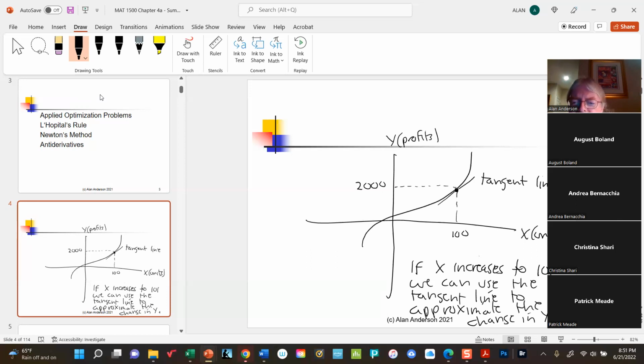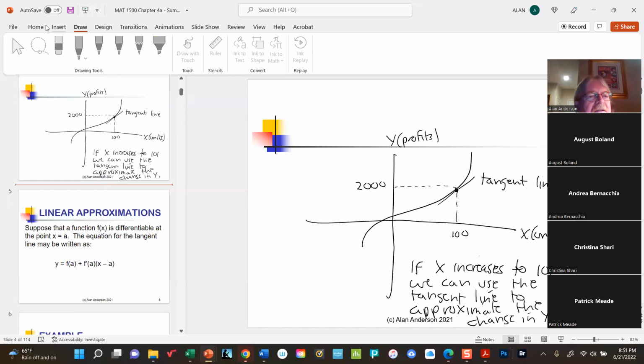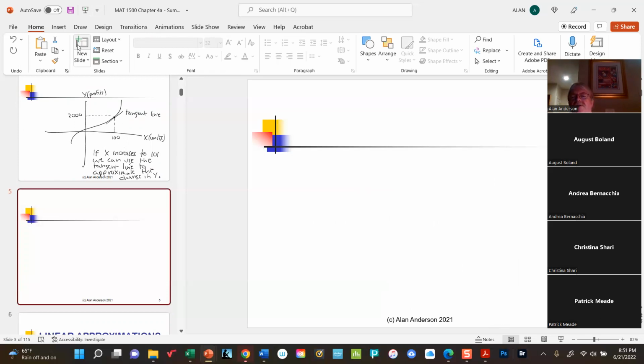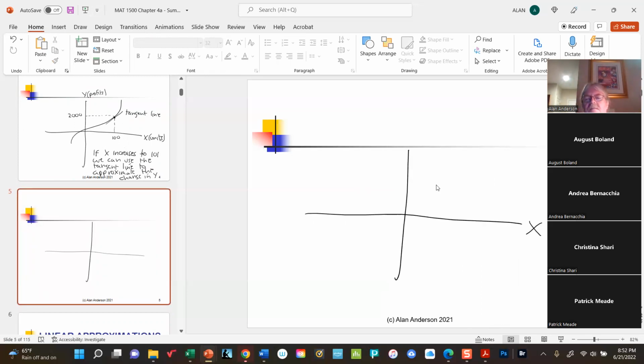So now the problem, though, and let me draw another picture here, is that, like I said, this only really can work if the change in X is very small, because here's what's happening. And of course, this depends on the function. From here, I'm using a straight line to approximate the behavior of this function, which is clearly not a linear function.